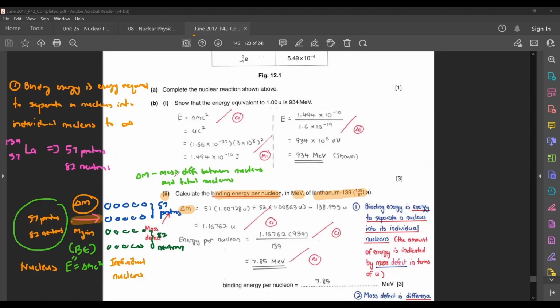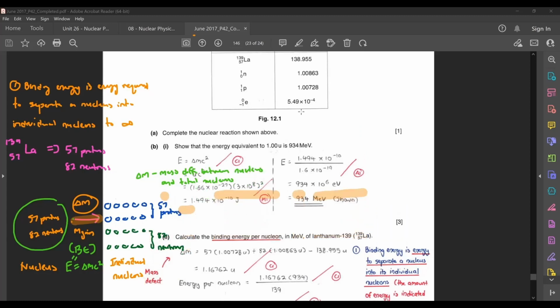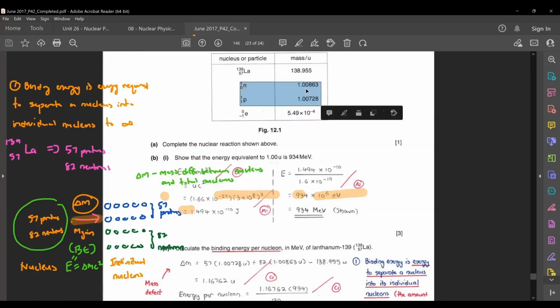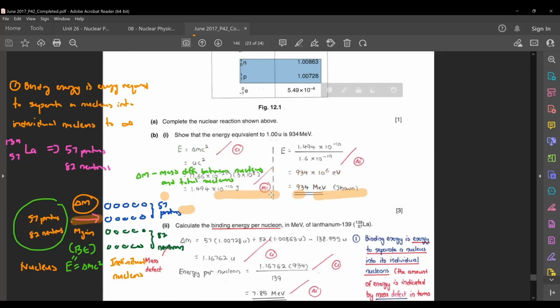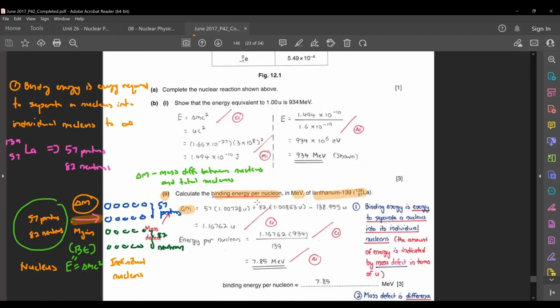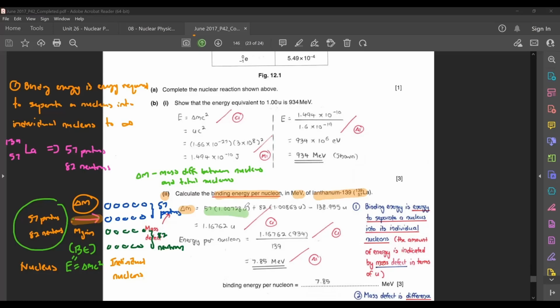So you find the mass difference there, which you can do based on what you have from the table above. You already have the mass of the nucleus itself at 138.955 U. You also have the specific masses of neutron and proton at 1.00863 and 1.00728 respectively. So you just add them all up together. So here the 57 times 1.00728 U is actually the masses of your protons.